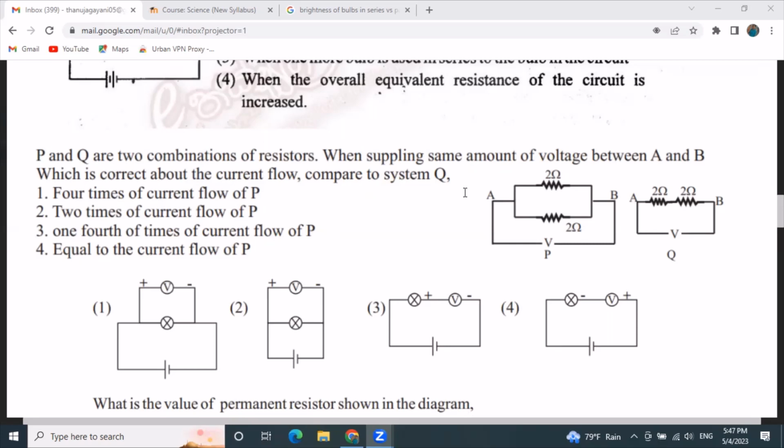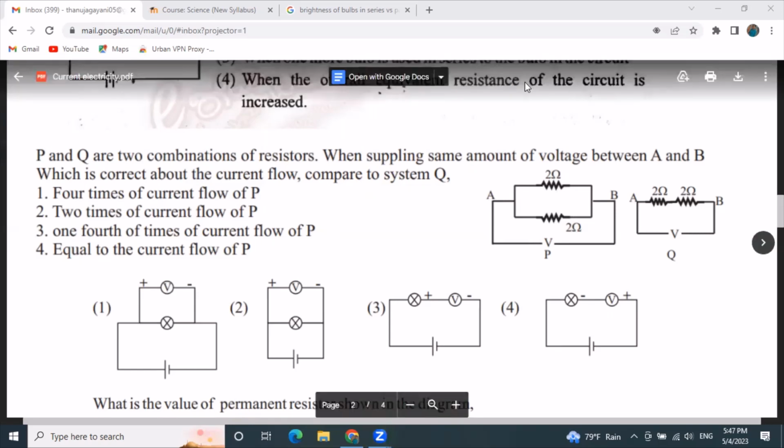Okay, let's find the resistance first. The resistance of the first circuit, that means the P circuit, 2 ohm plus 2 ohm. 2 ohm plus 2 ohm means here in parallel combination method, accordingly 1 over 2 plus 1 over 2, that means 1.